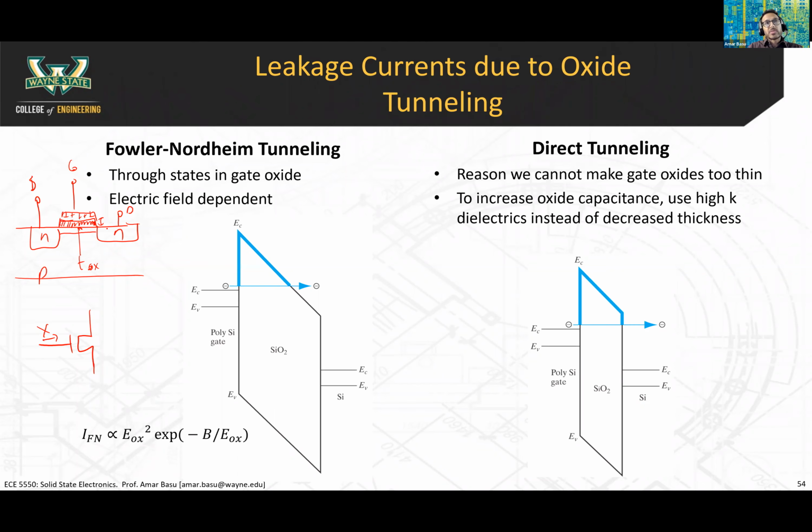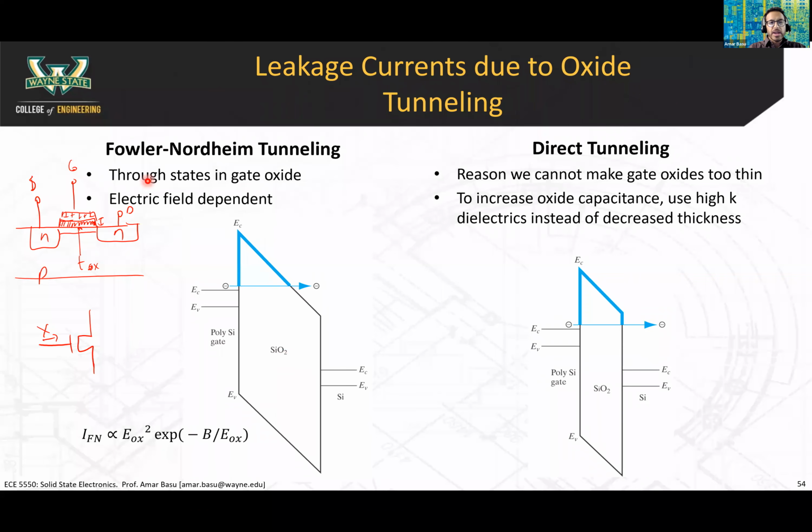When that thickness becomes smaller and smaller, we talked about scaling the MOSFETs, making them tiny. It turns out that that creates leakage currents. So this assumption that that dielectric layer is going to be a nice insulator and it won't allow any current to go through it, that is not a true statement anymore when the thickness of the oxide becomes very small. So let's see why that happens.